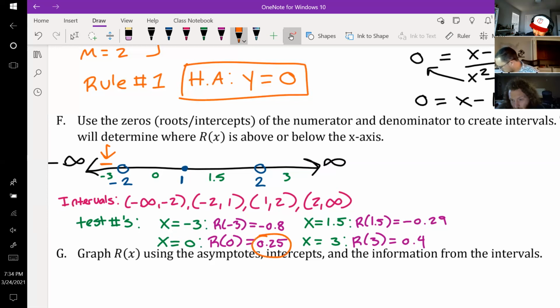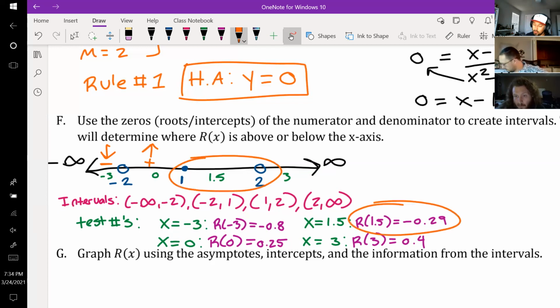Positive. Positive. Good. They'll always be positive, which means we are above. And then look at the next test number. This says that on the interval 1 to 2, no matter what number you pick in between there, the output will always be negative.